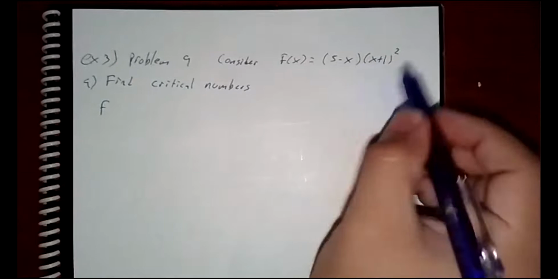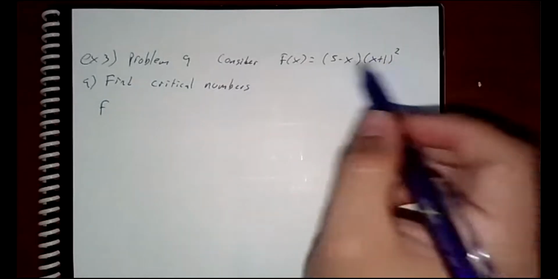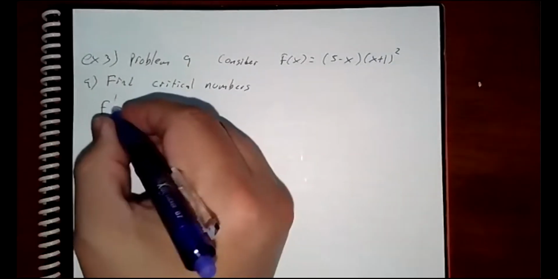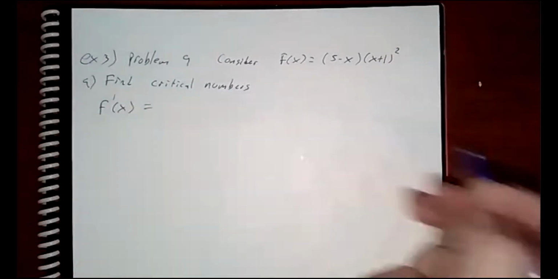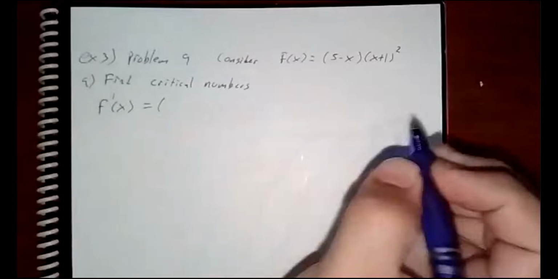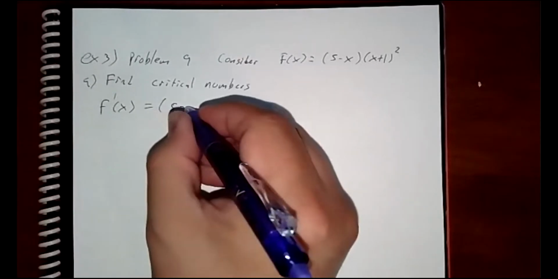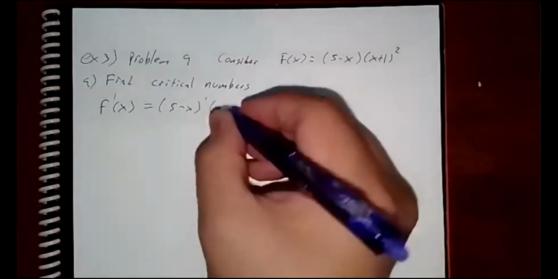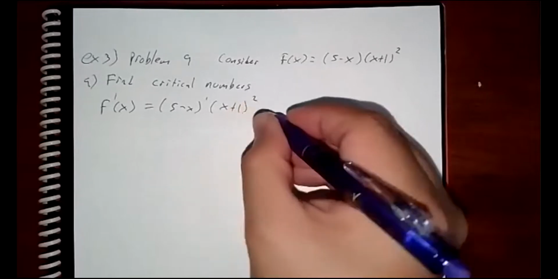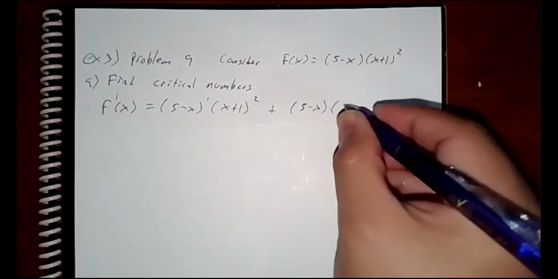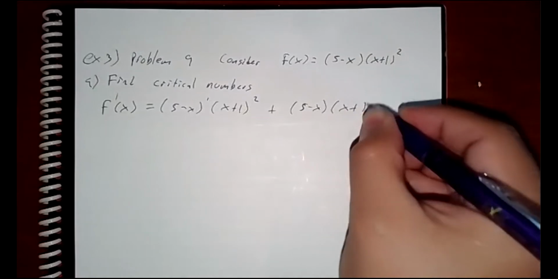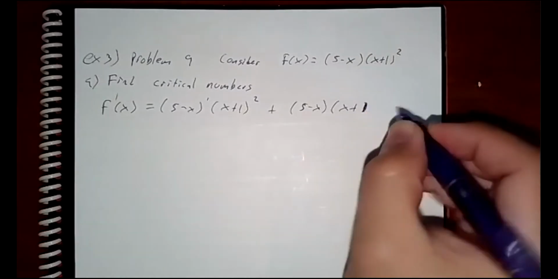All right, so here we go. This is going to be a product rule, right? Use our formula: derivative of the first times the second, plus the first times the derivative of the second. Does that square on the outside make it a chain rule too?